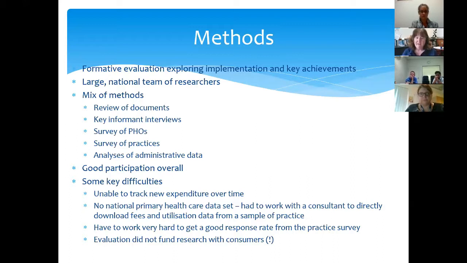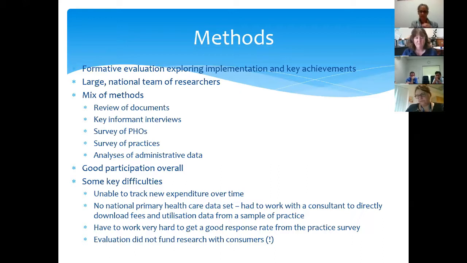We used a mix of methods, as is common in health services research, so reviewing key documents, strategy documents, plans, minutes of meetings, those kinds of things. A large number of key informant interviews across the country, again with policymakers, those working in primary health organisations, those working in practices. We did a survey of primary health organisations.